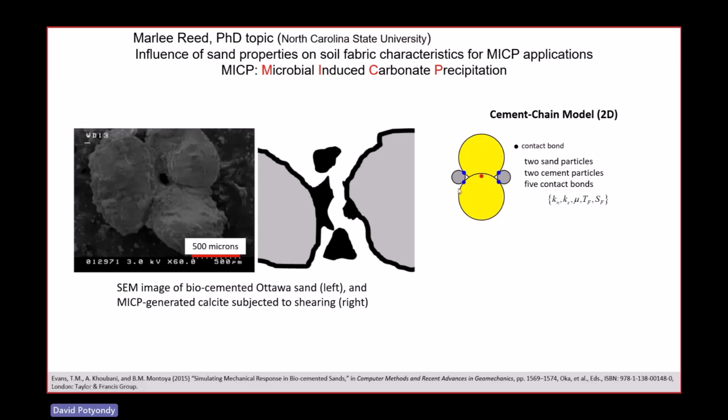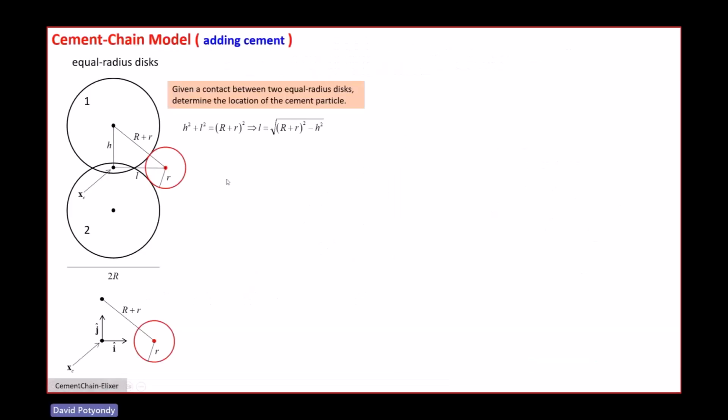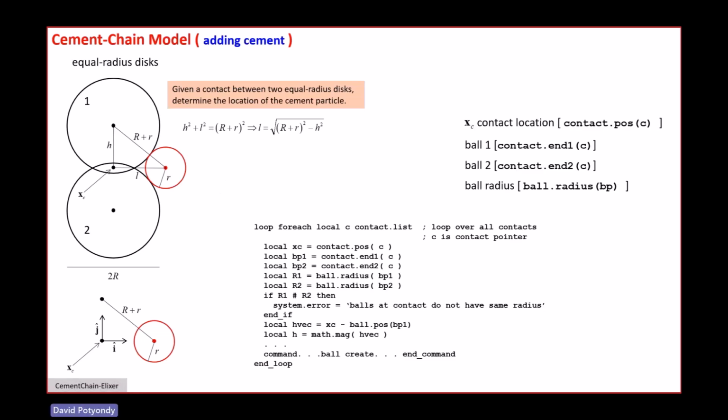And I'm going to show you right away a little way that I can use the extra variable at the contacts so that I can make this plot to make sure that things are working right. We put in a contact bond model. It has 5 parameters. This was the little mathematical derivation we needed to do to figure out the location of this particle. So that's that.